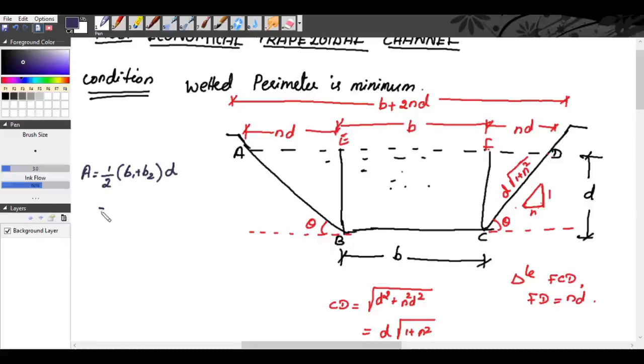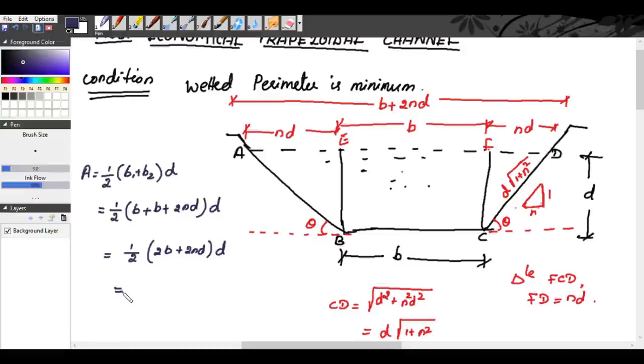So that is equal to half into, bottom width B plus top width B plus 2ND, into D. So we get half of 2B plus 2ND into D.